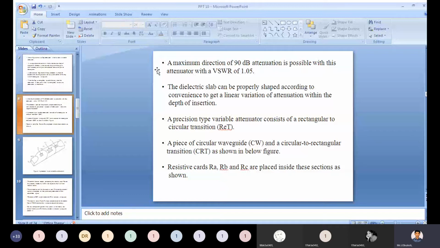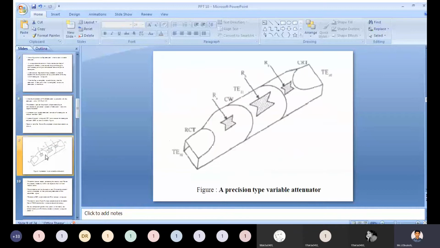In the figure, this is a precision type variable attenuator.